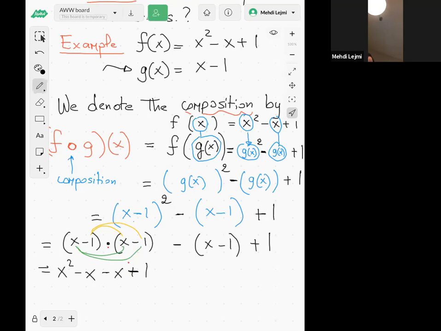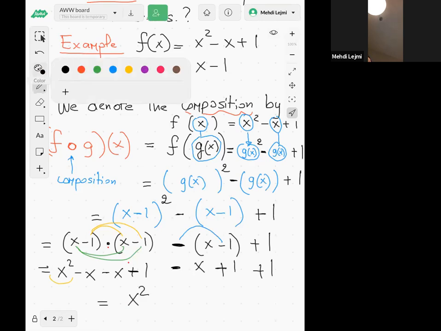And then there's this minus here, minus x, and this minus, that would be a plus, so that's a plus 1 here. And then at the end, we have this plus 1. Now let's see how many x squared. We do have 1 x squared.